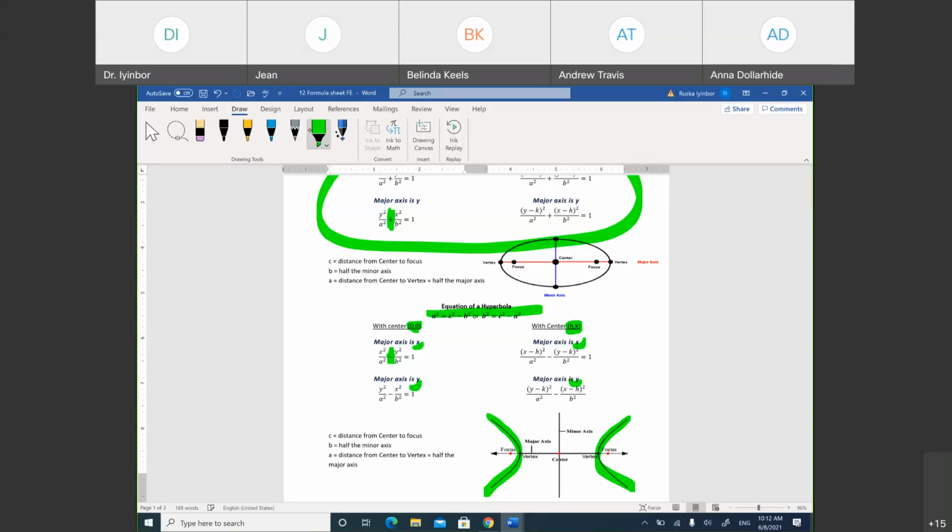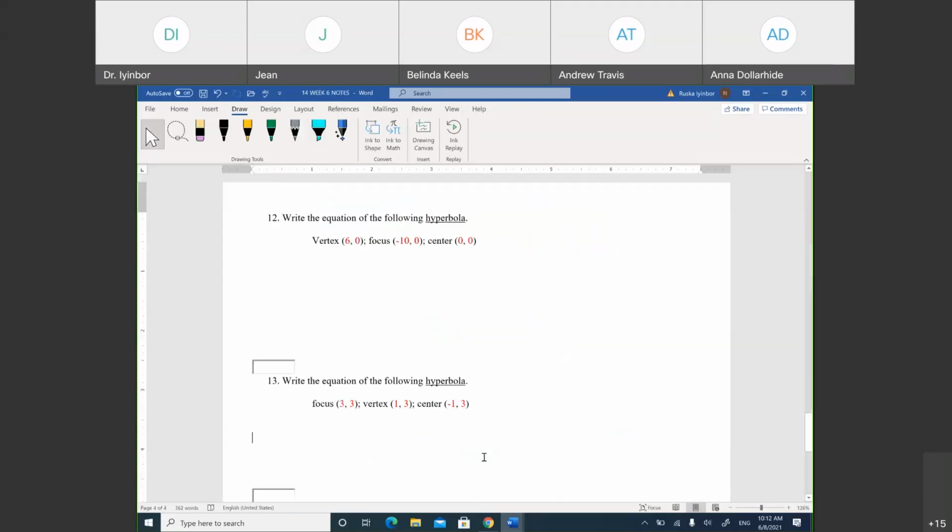The vertex gives you A, which is half of the major. Half of the minor is B. And focus gives you C. Everything is the same, just the plus and minus change, so the equation changes a little bit. When you solve equations for hyperbola, we're just going to look at the bottom formula sheet.